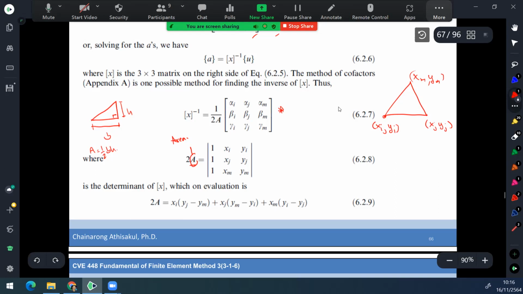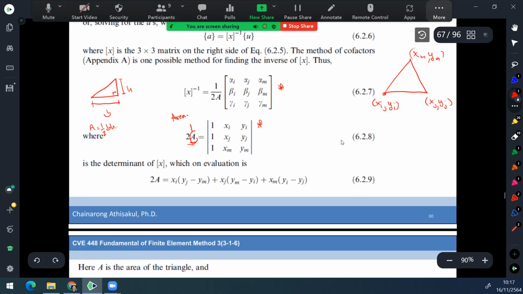If you know the coordinates, you can find the area by the determinant of [1 xi yi; 1 xj yj; 1 xm ym]. The determinant of this matrix is equal to 2A, and after that you can find the area by dividing by 2. This is from mathematics.